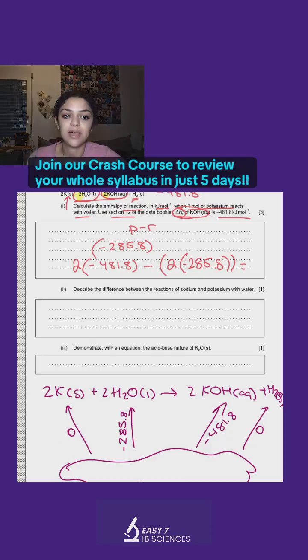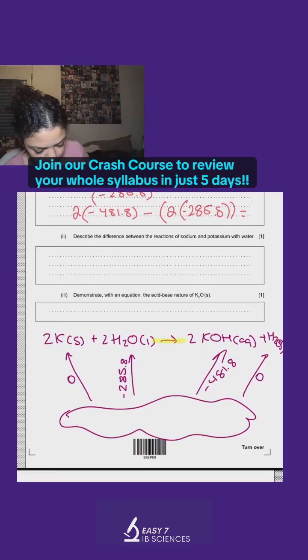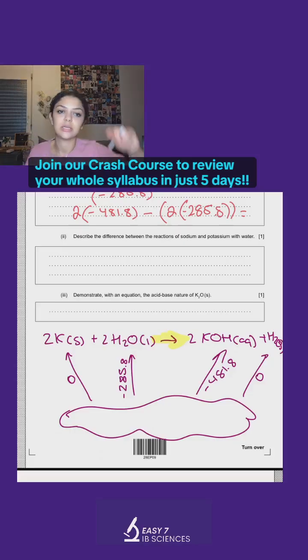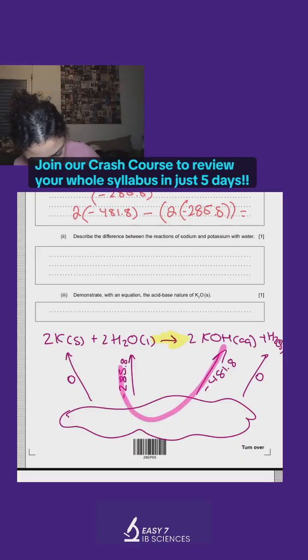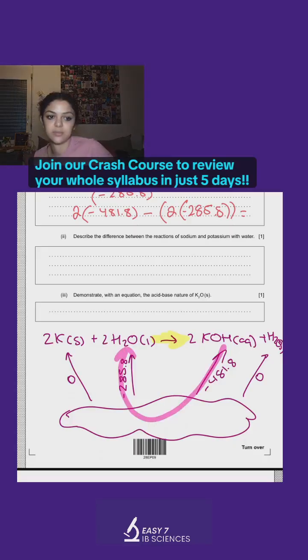Okay? So this is my Hess's law triangle. And how do I find the enthalpy of formation of this reaction? What I've highlighted in yellow, I know that the route to my reaction does not change my outcome. So I can go this long route here, and it would still give me the same as going directly from H2 to potassium hydroxide.